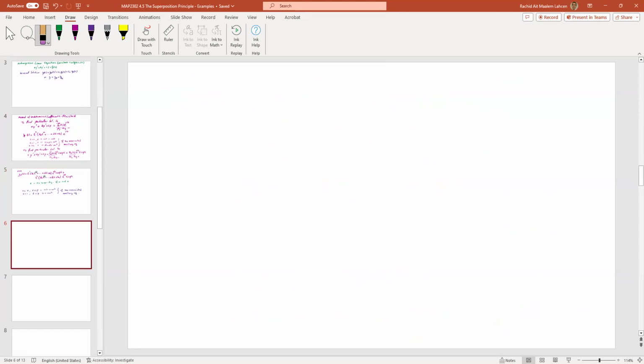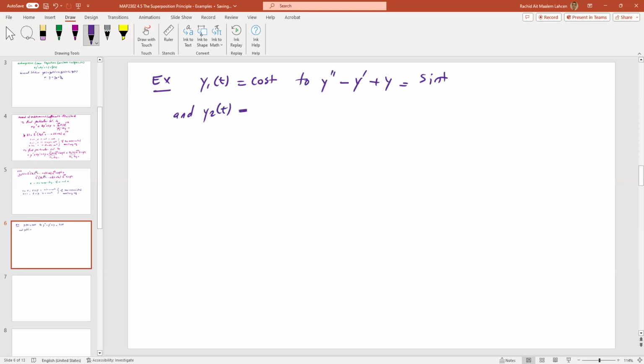So first example is, let's say you're given a solution to this differential equation. And you're given a solution to this differential equation.